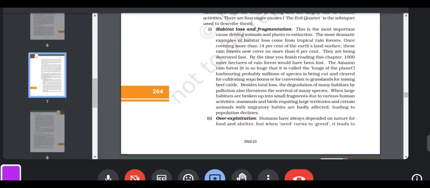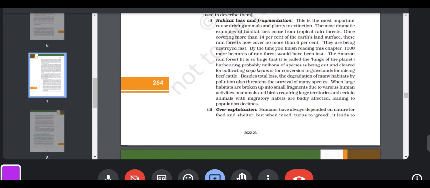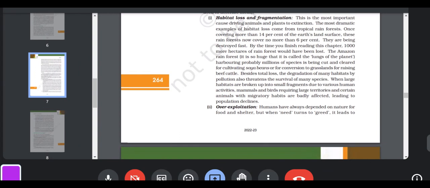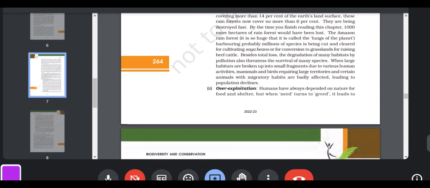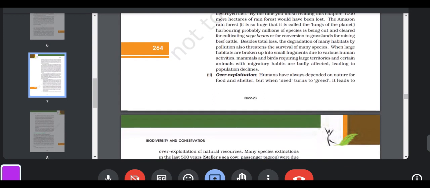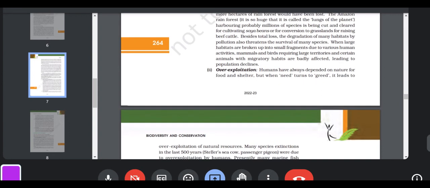Habitat fragmentation occurs when large habitats are broken up into small fragments due to various human activities. Mammals and birds require large territories, and certain animals with migratory habits are badly affected, leading to population decline.